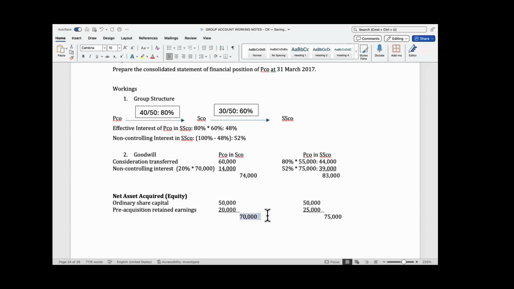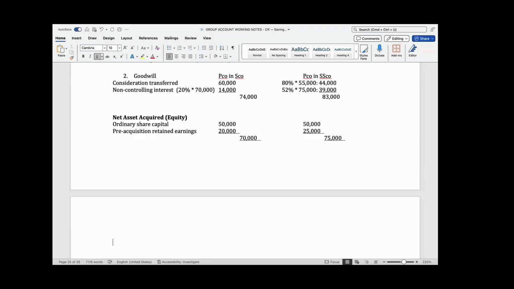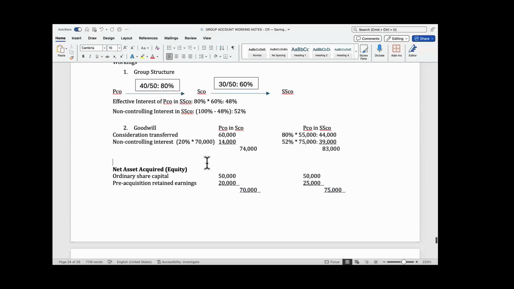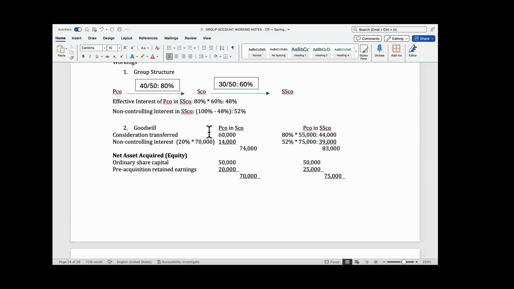Okay, so the combined value of what the parent paid and NCI value is 74 in ESCO, and the net asset acquired in ESCO is 70.